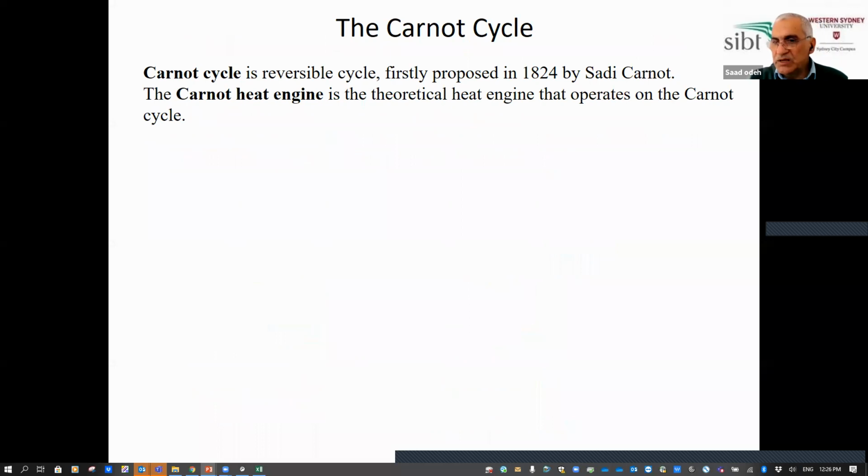Okay, what we need to get from all that we mentioned so far is that we need to compare our systems with an ideal system. To know whether your system is doing well or not, how do you know that the efficiency of the system is fine, okay, it is efficient?